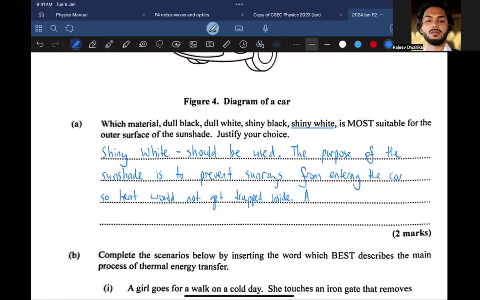A shiny white sunshade will reflect most of the rays from entering the car.